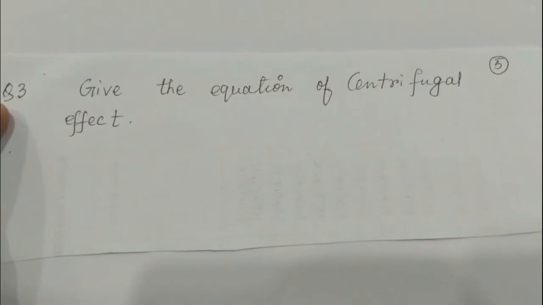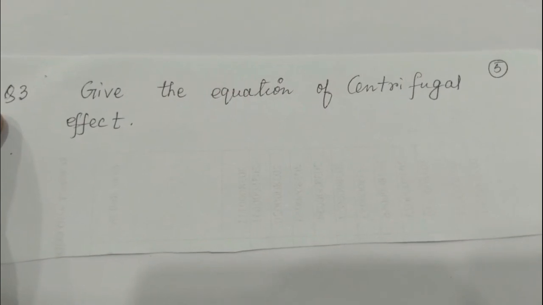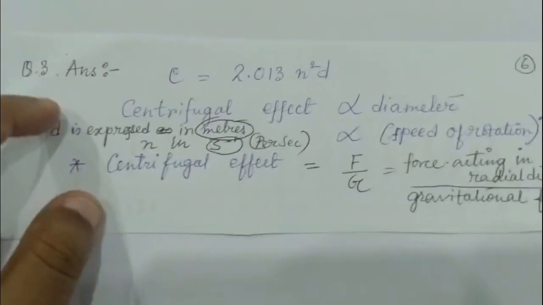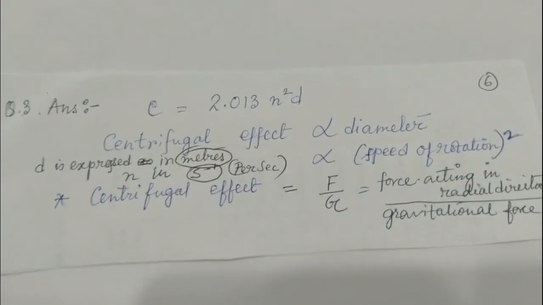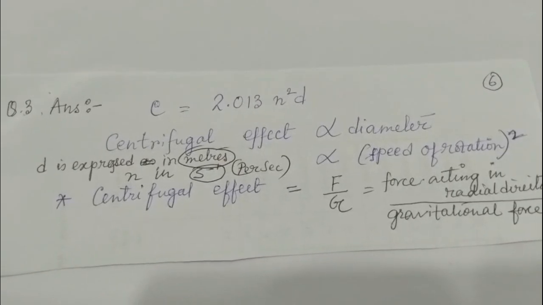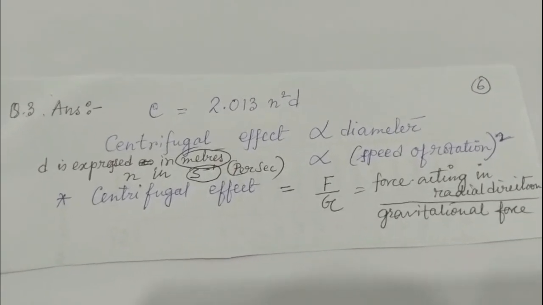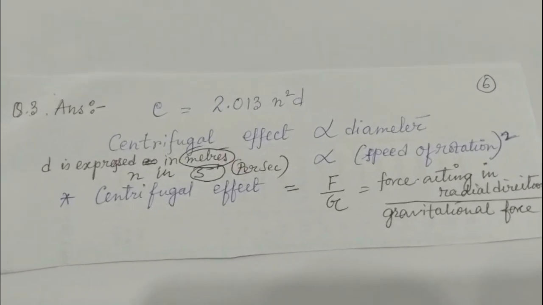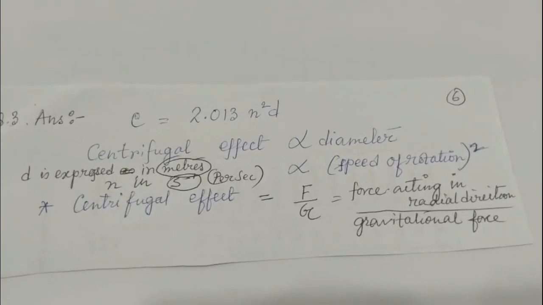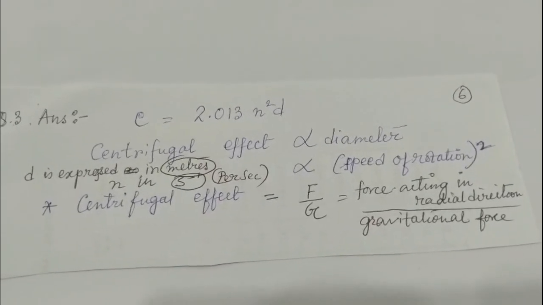Question number 3 is, give the equation of centrifugal effect. So centrifugal effect is equal to 2.013 n square d. Centrifugal effect is proportional to the diameter and proportional to the speed of rotation squared.